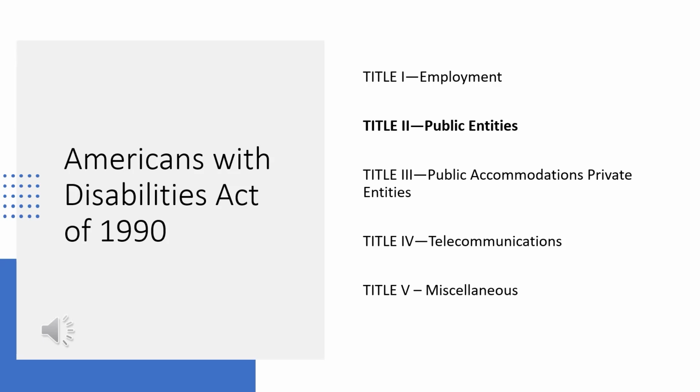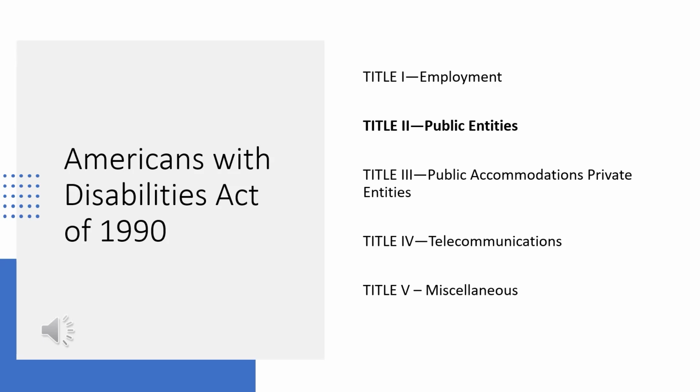Title III covers businesses and nonprofit service providers that are public accommodations, privately operated entities offering certain types of courses and examinations, privately operated transportation, and commercial facilities.